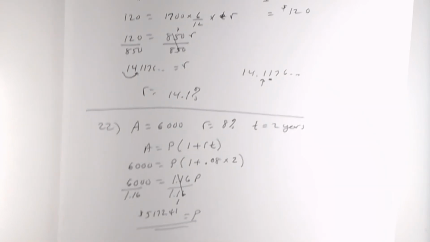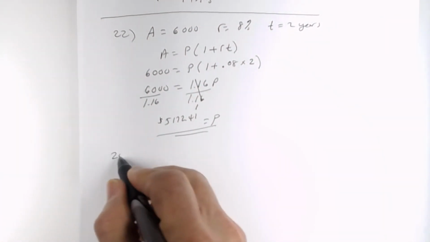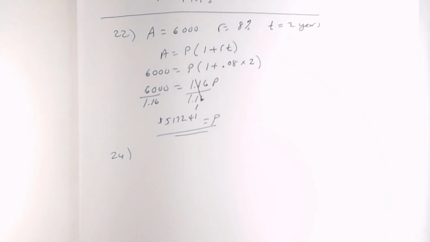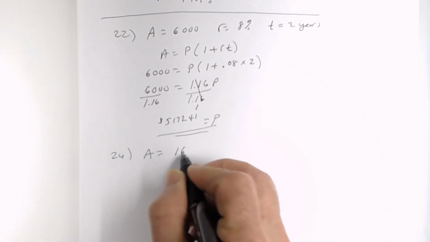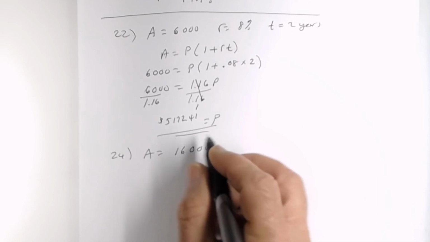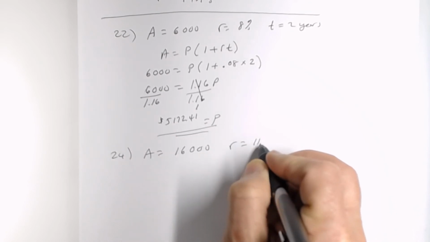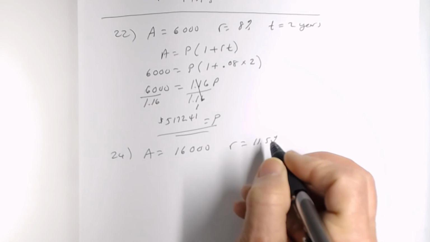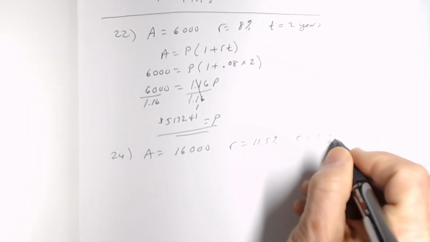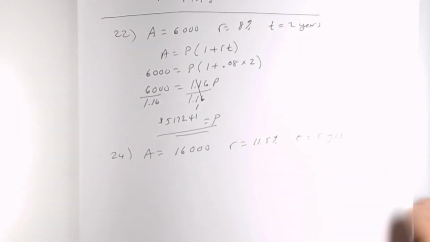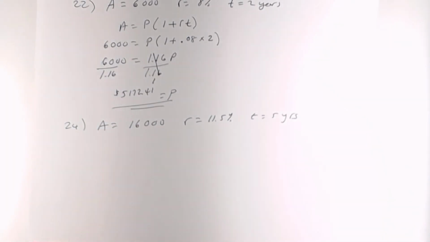All right, let's look at 24. Okay, 24, you're told that the future value is $16,000. The rate is 11.5%, and the time is 5 years. All right, time is 5 years.